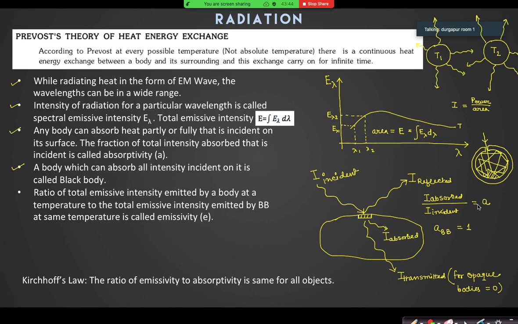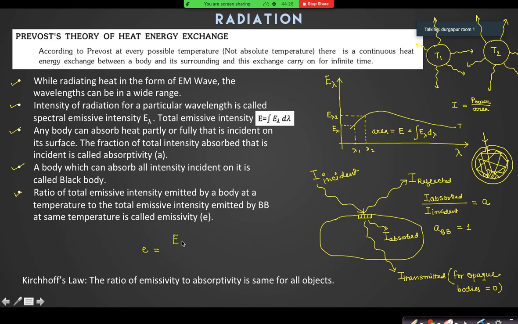Okay. Now there is one last definition, which is the ratio of total emissive intensity emitted by a body at a temperature to the total emissive intensity emitted by the black body at the same temperature. So what is emissivity? Suppose at a particular temperature I have found the area under this graph for a body, and I have found the same area of the graph for a black body at the same temperature.